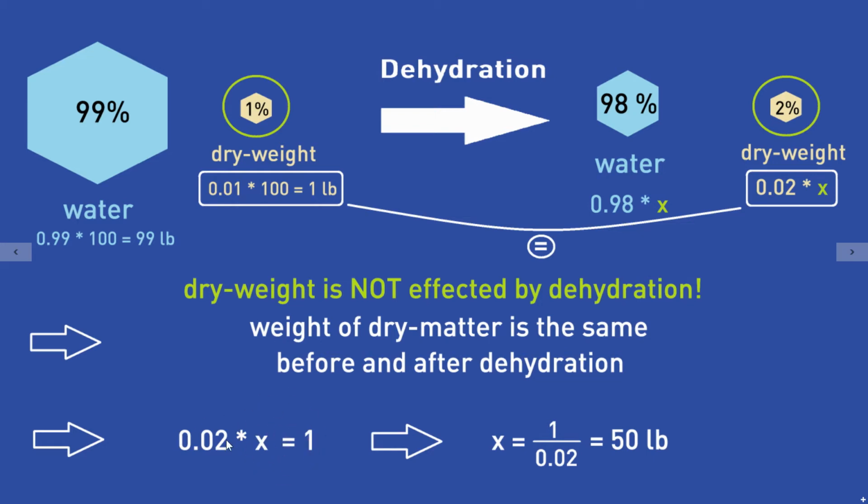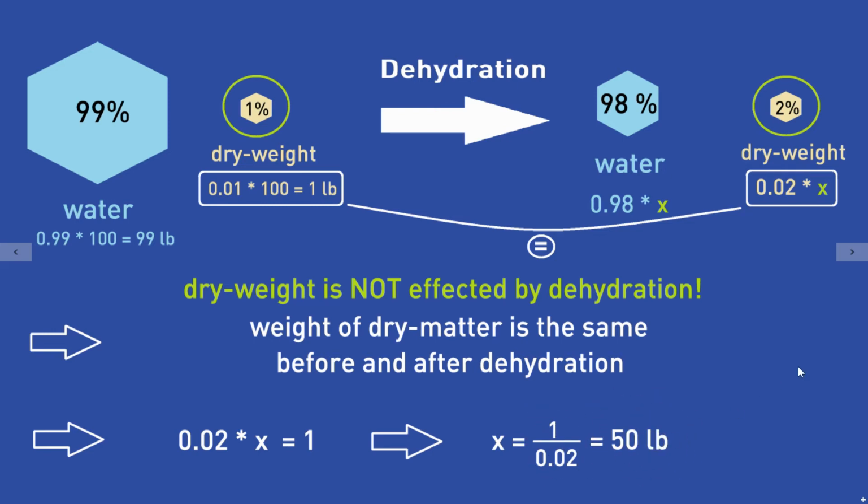So 0.02 times x, which is this number here, has to equal 1, which is that number here. By rewriting this, we can solve for x. So x is 1 divided by 0.02, and by calculating this, we get 50 pounds.